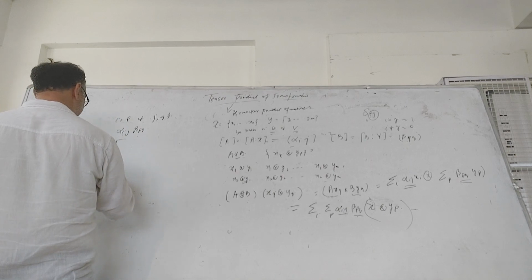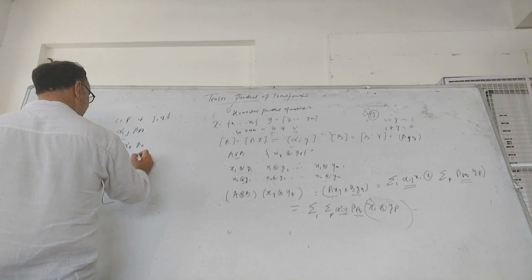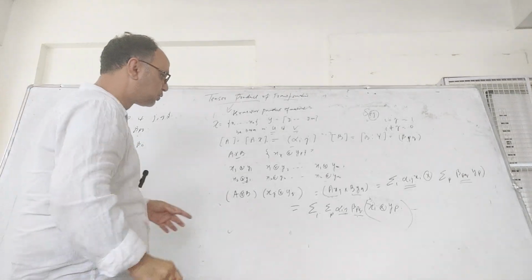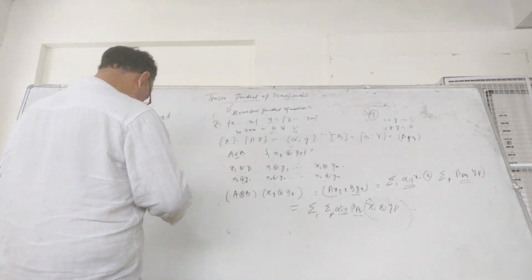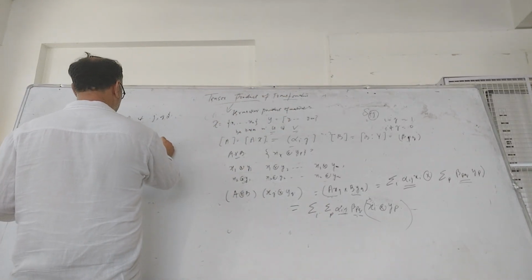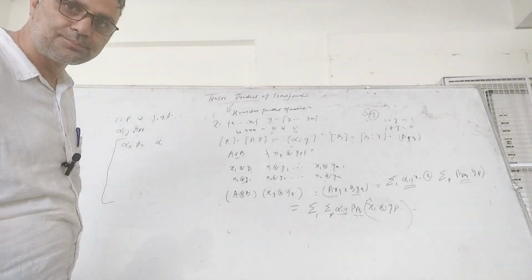It can be written as alpha 11, beta 11. So it's a tensor product, alpha 11, beta 11, alpha 1. So we will write it here.